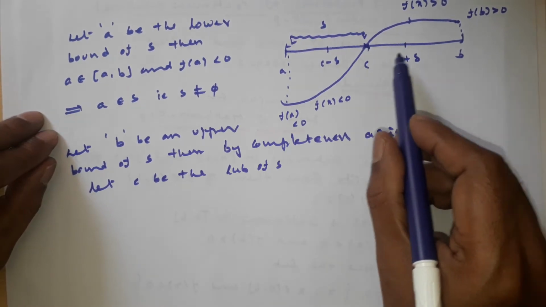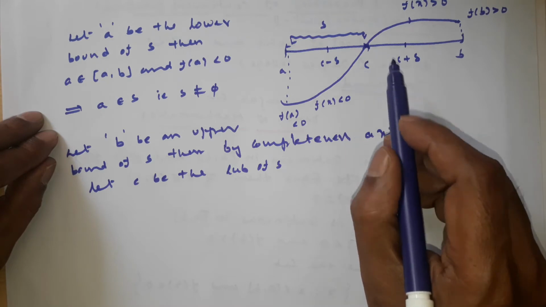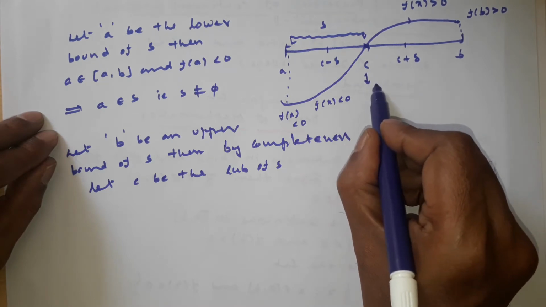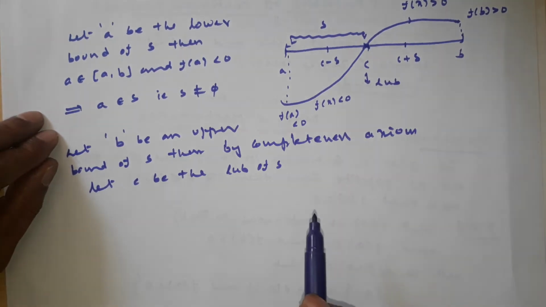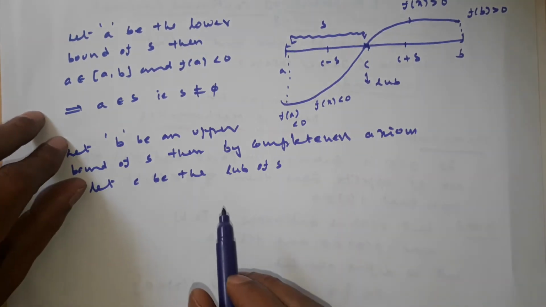And c is the LUB, least upper bound. These are also upper bounds, so c is the least upper bound we are taking.